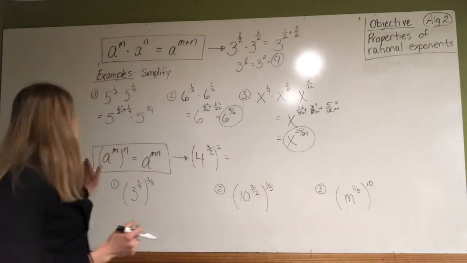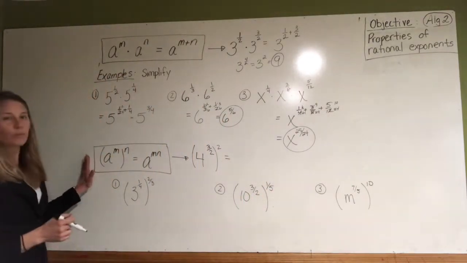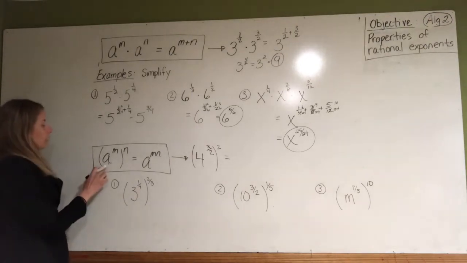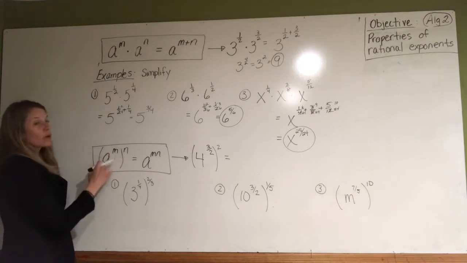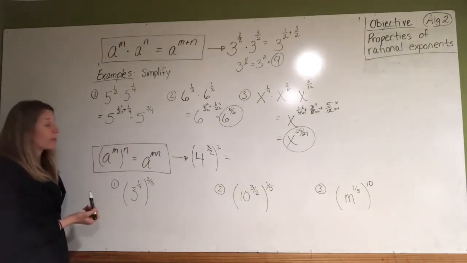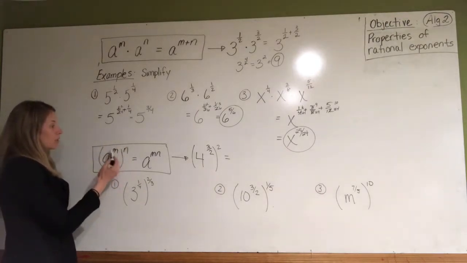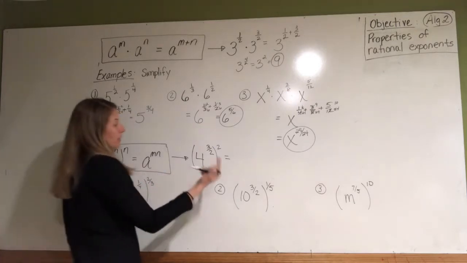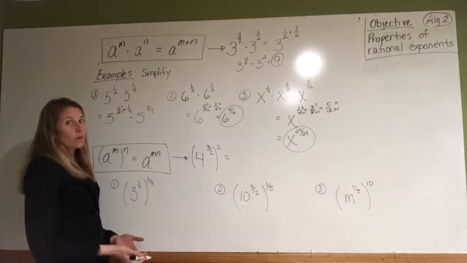Okay, so now the second property that we have done before, earlier in another chapter, was the power of a power property. So we had a base number raised to a power, and then that whole term was raised to another power. And typically in that situation, the two exponents will get multiplied together. The same thing applies even if the exponent is a fraction.